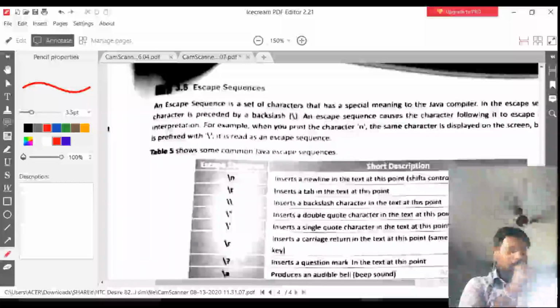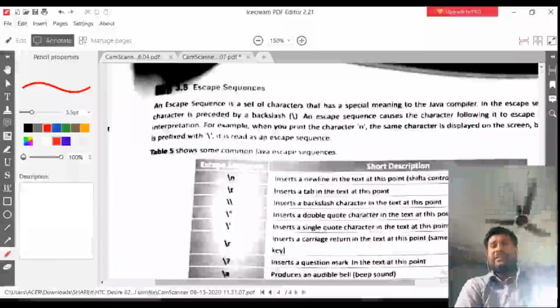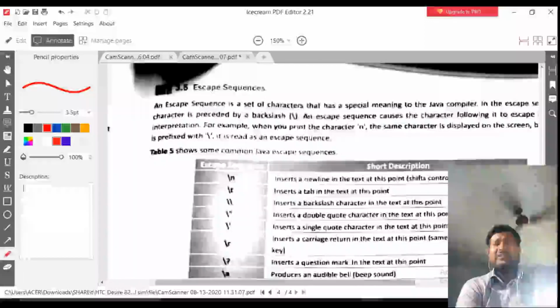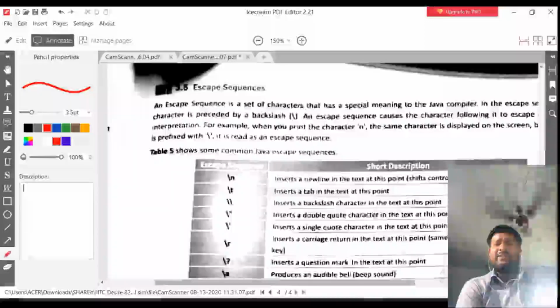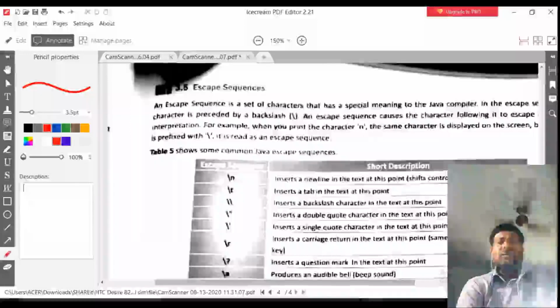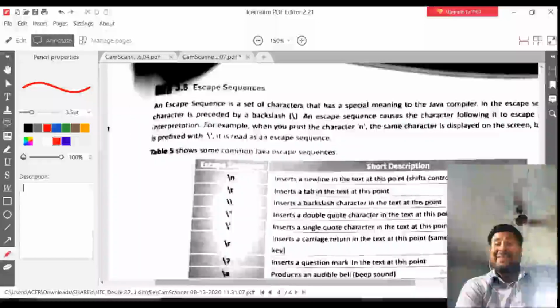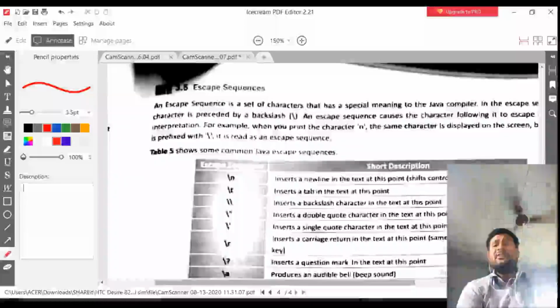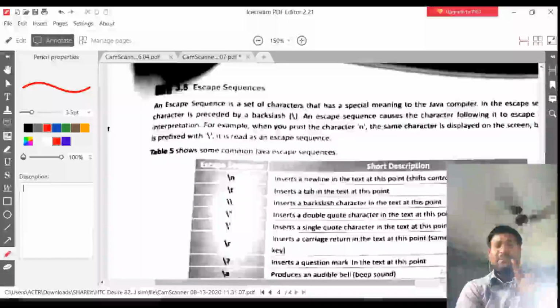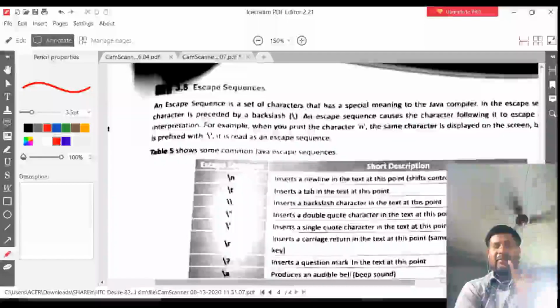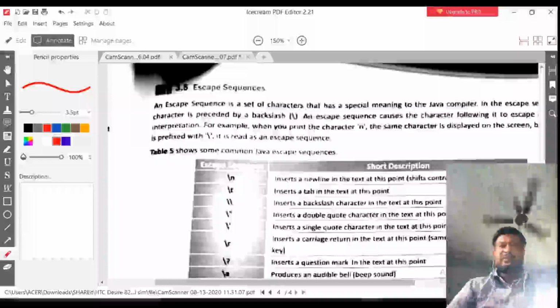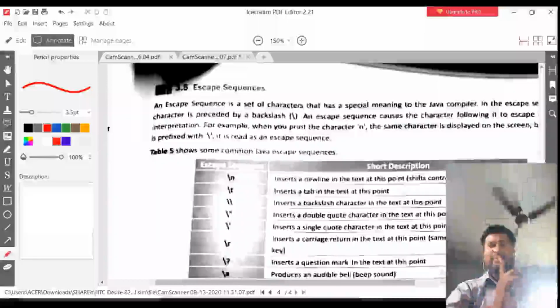But if I write slash n, Java understands that it is a new line character. If I write slash t, Java understands it is a tab. I told you 1 tab means 8 spaces, so Java understands that you have given 8 spaces.